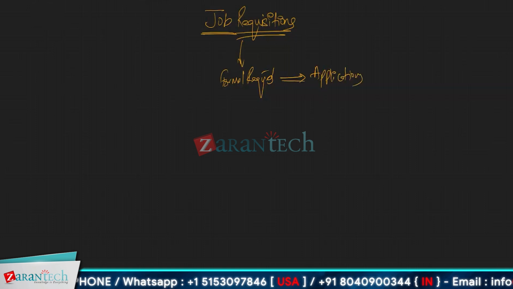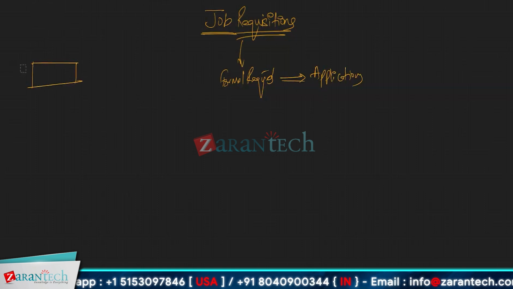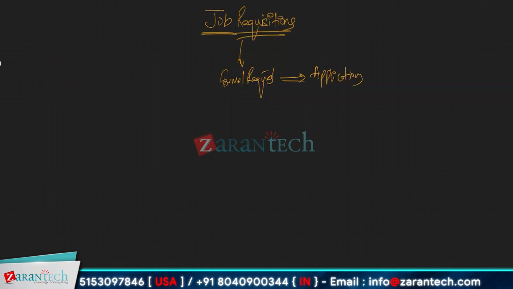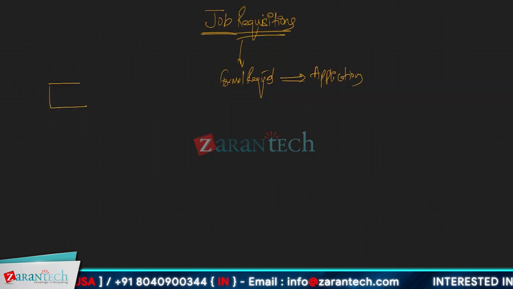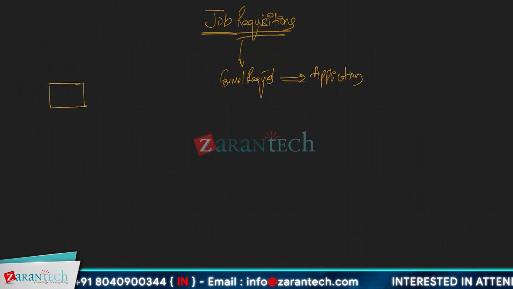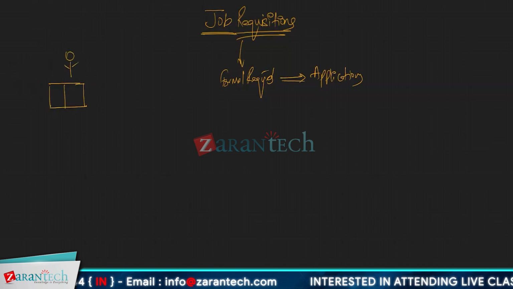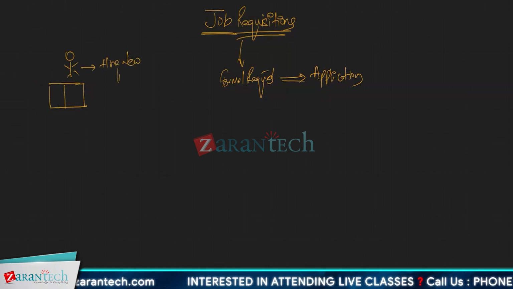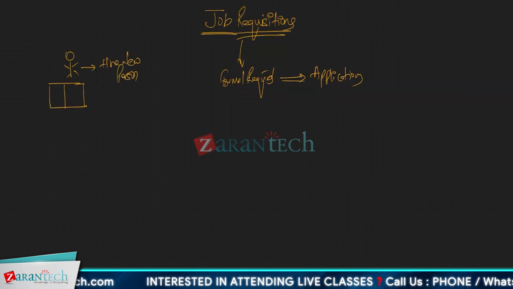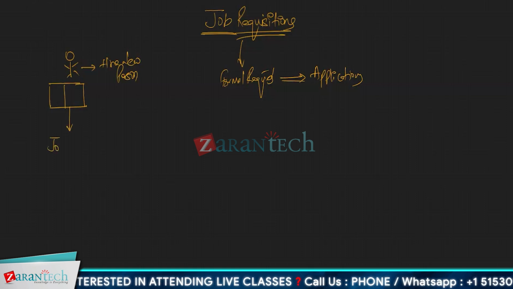So in an organization, let's say there is a requirement, there is a new position available, meaning you are hiring for a new position in your organization, and there will be the manager. Let's take the manager recognizes that, hey, I need to hire a new employee, I want to hire a new person. So what the manager does is he will initiate a job requisition process.